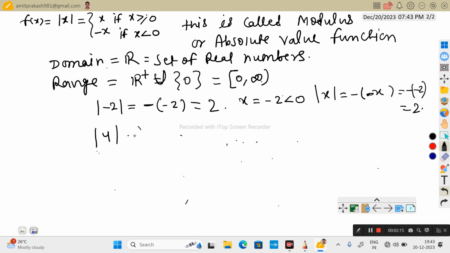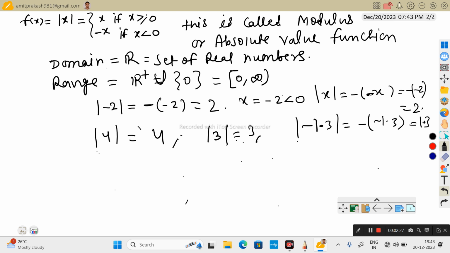Therefore modulus of 4 equals 4, modulus of 3 equals 3, and modulus of minus 1.3 equals minus of minus 1.3 equals 1.3. Thus modulus of x is always greater than or equal to 0 for every real number x.